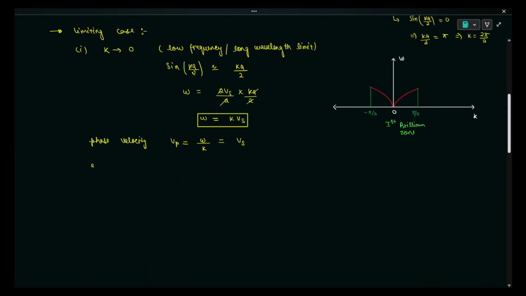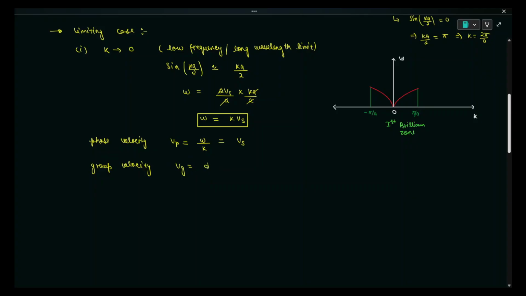Now we also define the group velocity. Group velocity is defined as the velocity with which the wave transmits energy along the direction of propagation.